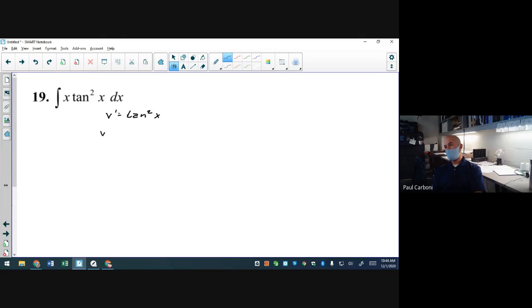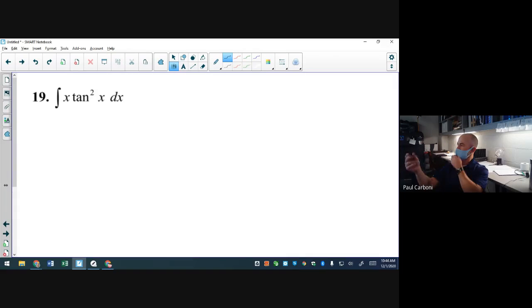And I have absolutely no idea, off the top of my head, I might could figure it out, but I don't know how to very quickly integrate tangent squared. Actually, I just figured it out in my head. So, okay, you can do it. But tangent squared is just kind of a weird thing. I don't recognize it.